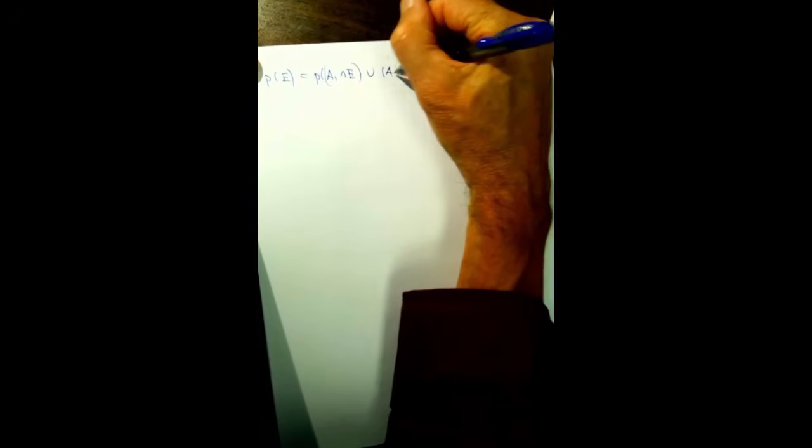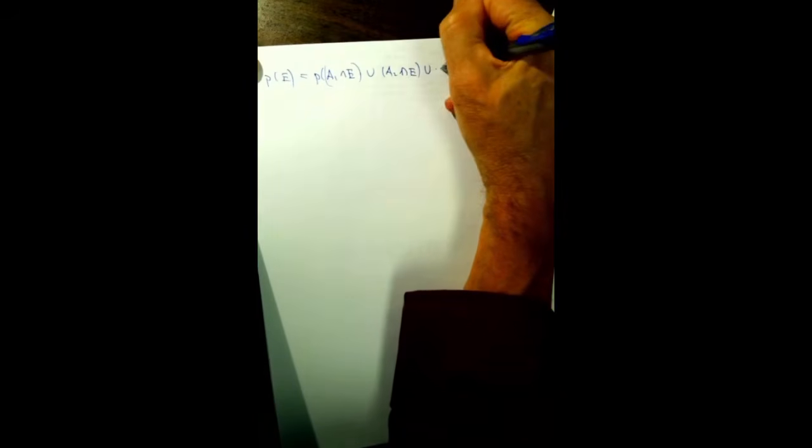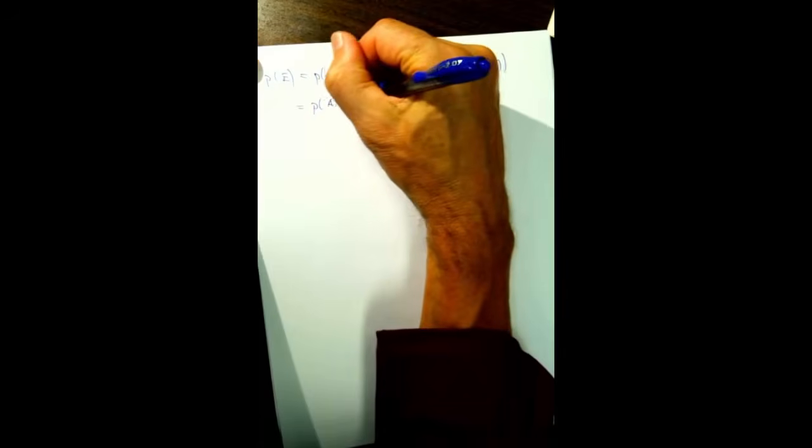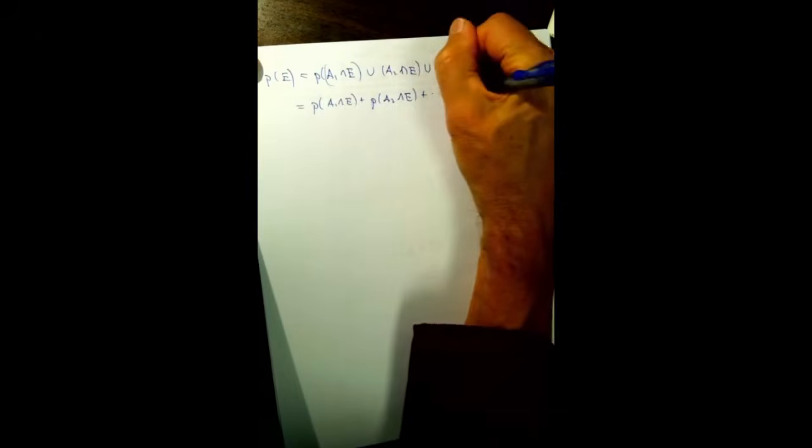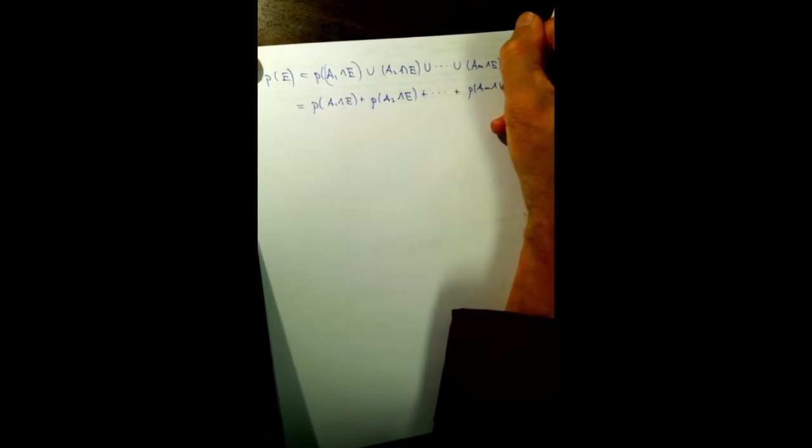So these are all disjoint. So that means then, we have the probability of E is equal to the probability of A1 and E union A2 and E, and this goes all the way out to AM and E. Since each of those things are disjoint, I can write this as probability of A1 and E plus probability of A2 and E, and on out to AM and E. So that's a fun result.